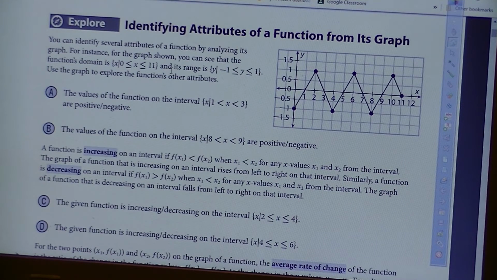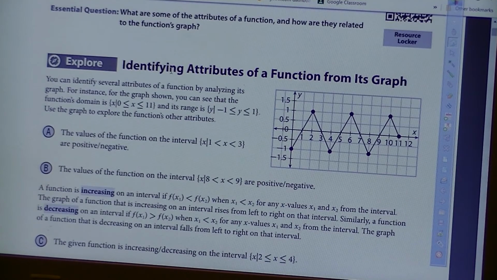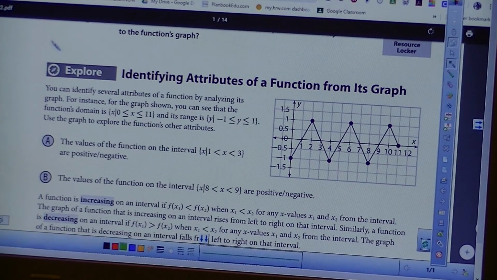Before we go any further, I want to get something really big across to everybody. The number one big thing we have to keep straight is very simple. I'd like you to write this across the top with me.